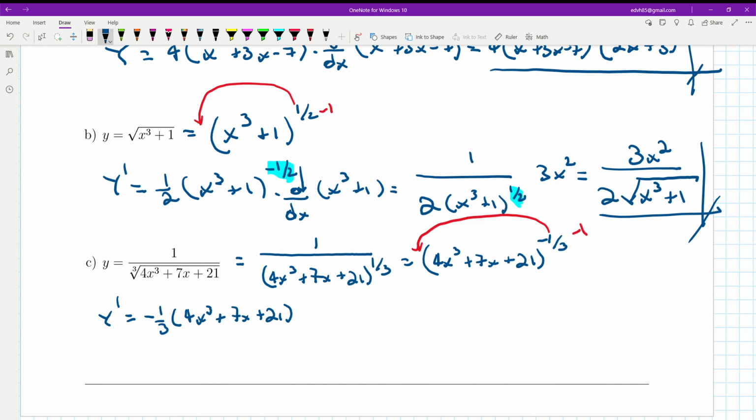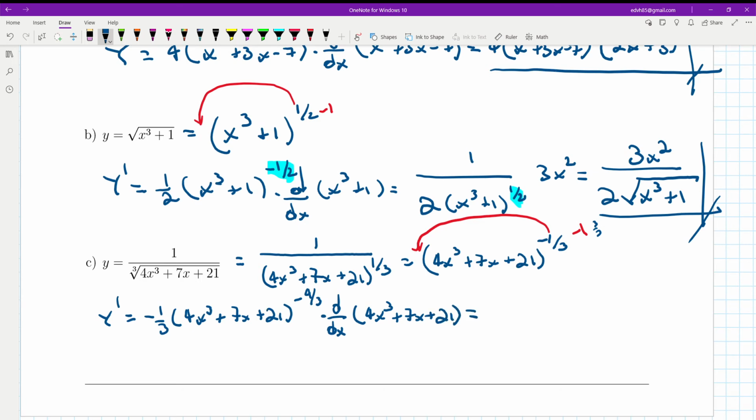That's negative 1/3 minus 1, which is 3/3. Negative 1/3 minus 3/3 is minus 4/3. And then that's times the derivative with respect to x of this quantity over here, 4x cubed plus 7x plus 21.